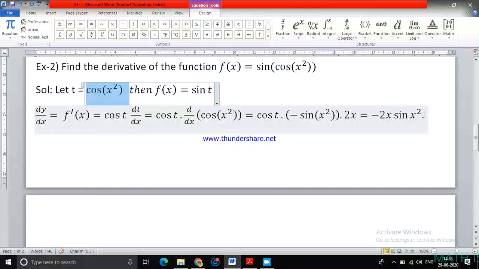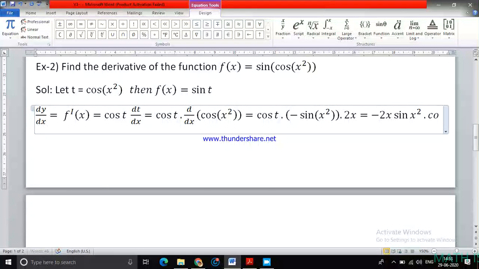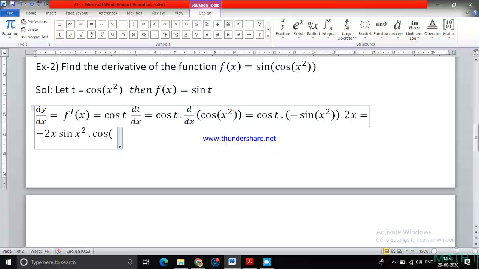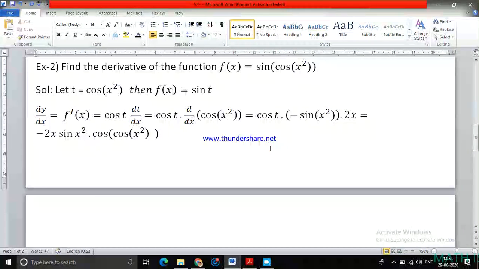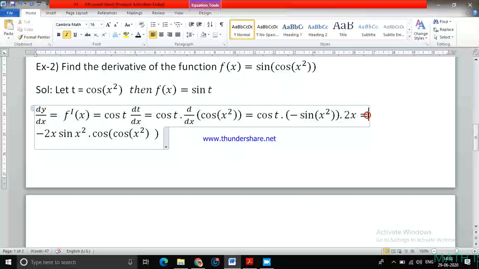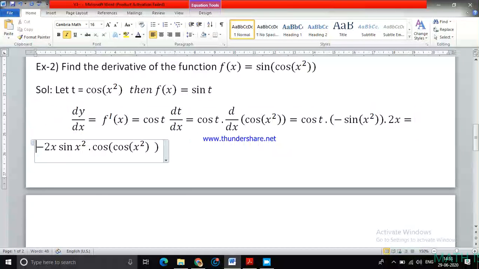So here it will come cos of cos x square, okay, so this is going to be your final answer.